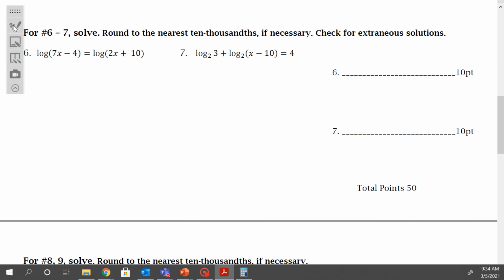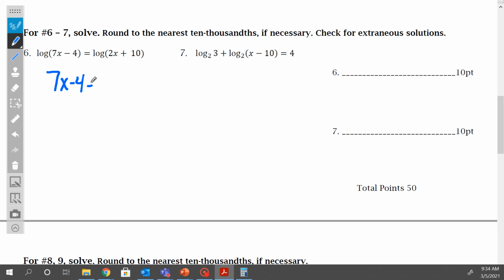Solve. Round to the nearest 10,000ths if necessary. Check for extraneous solutions. Okay, so number 6, we have log on both sides here. So that means we can just treat this as not having log at all. And then we can just solve this for x. So we'll subtract 2x.